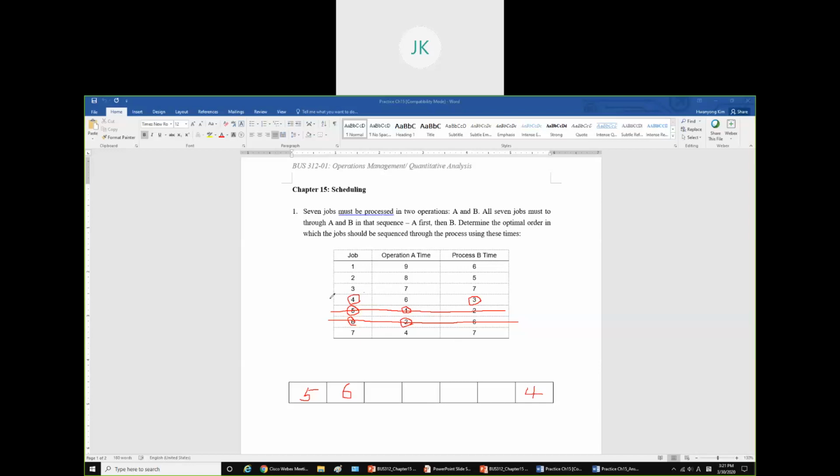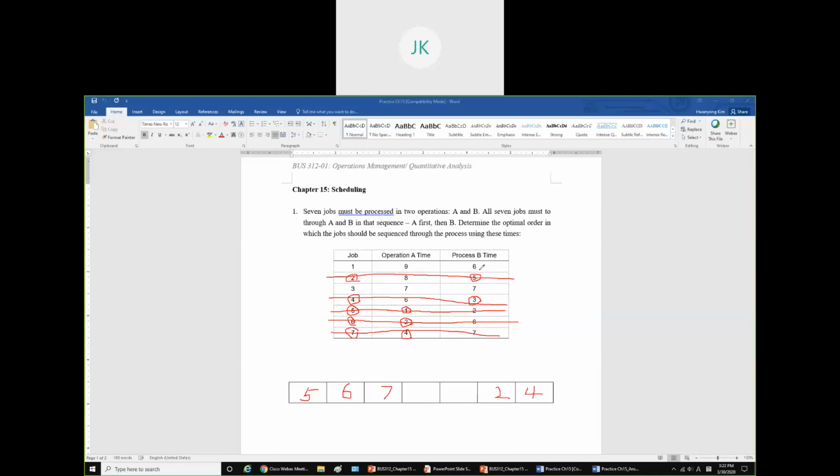Cross out. And this one is the next shortest, first machine, so job 7 goes third and cross out. Among them, this one is next shortest, second machine, so job 2 goes second last and cross out.